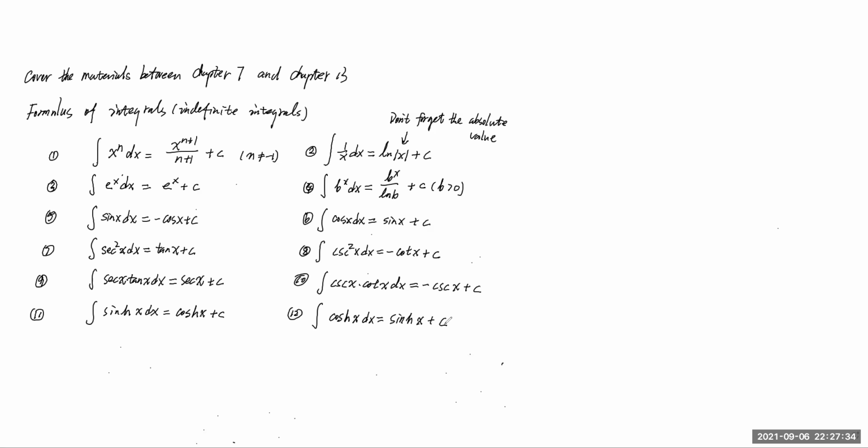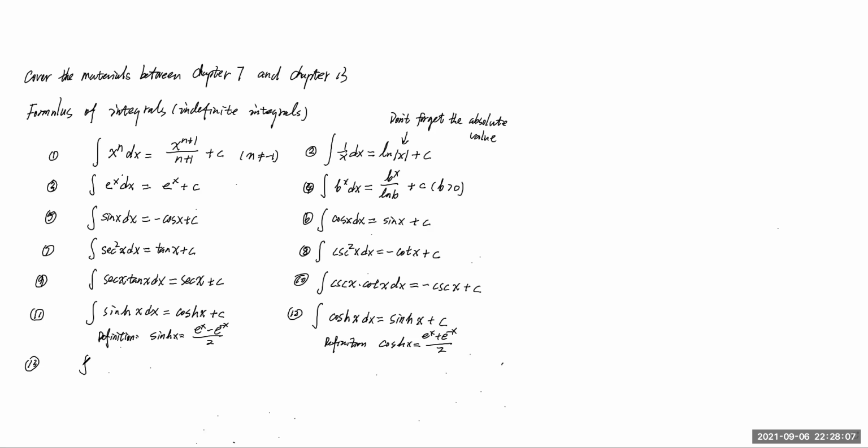You may ask me what sinh x and cosh x are. The definition, I just remind you, is sinh x is half of e to the x minus e to the negative x. The definition of the hyperbolic cosine function, cosh x, is half of e to the x plus e to the negative x. Just to remind you.